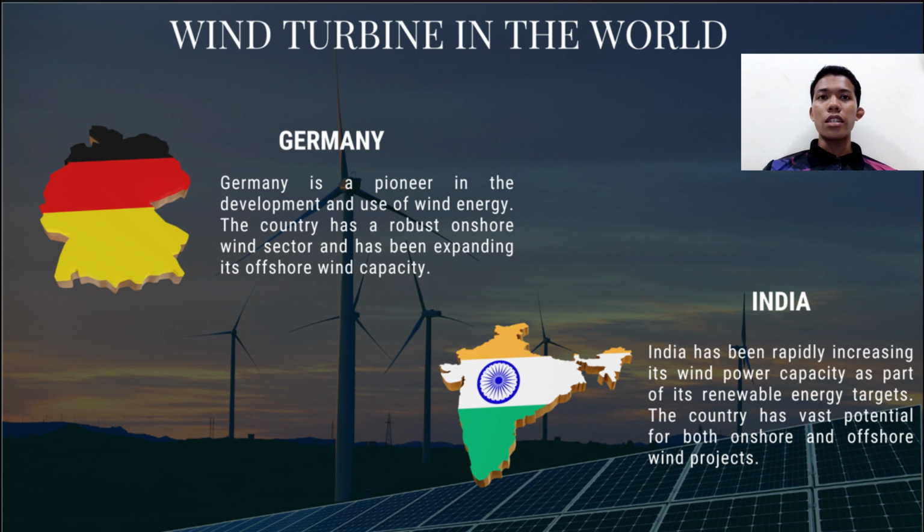The country has a robust onshore wind sector and is expanding its offshore wind capacity. Next is India. India has been rapidly increasing its wind power capacity as part of its renewable energy targets. The country has vast potential for both onshore and offshore wind projects.